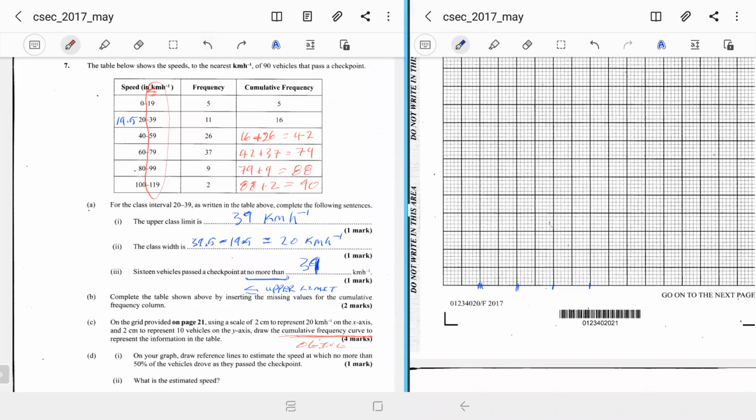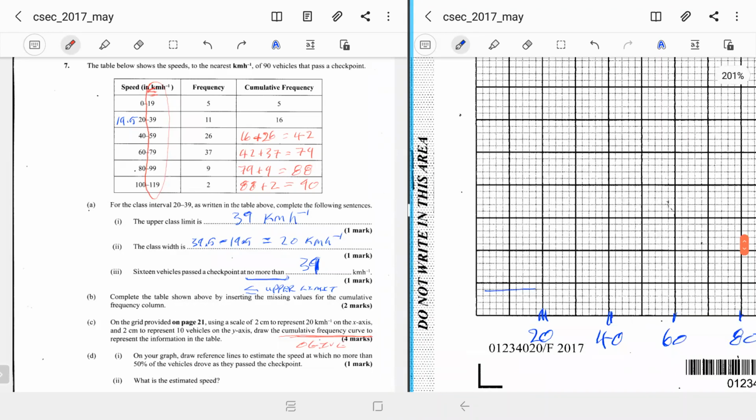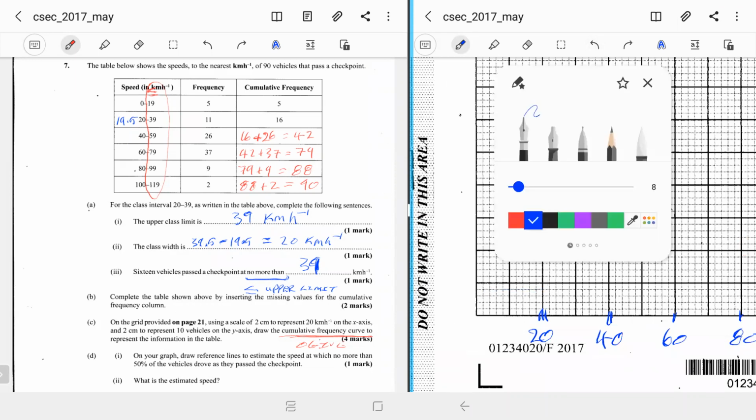So it's 20, 40, 60, 80, 100, 120. Let's read the scale carefully. So there are 10 lines between here and here. So it means that each line is 2. 20 divided by 10 makes 2.